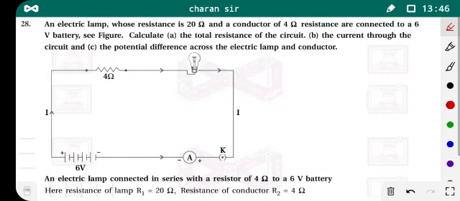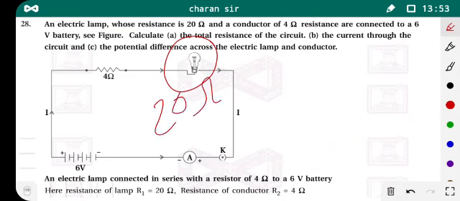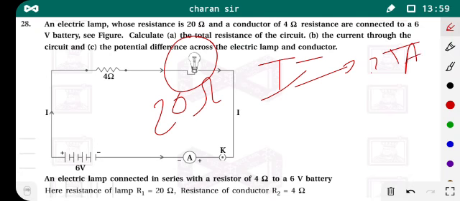For that we are given the resistance of the electric bulb, that is 20 ohms, and the current through this circuit that we have found is 0.25 amperes. The voltage difference across the bulb we denote by V2.